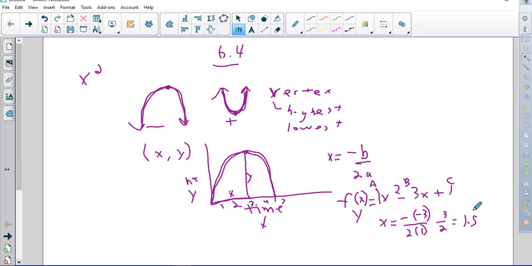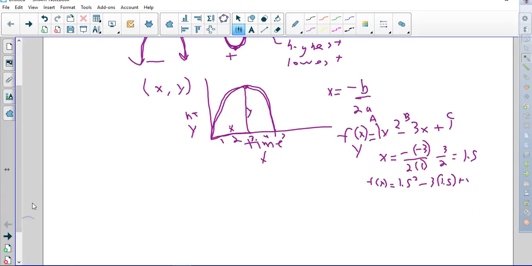Now, when we plug this back in to this original equation, we have f of x equals 1.5 squared minus 3 times 1.5 plus 1. Well, what does that give us?